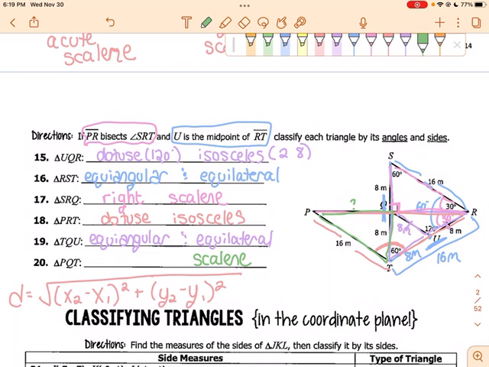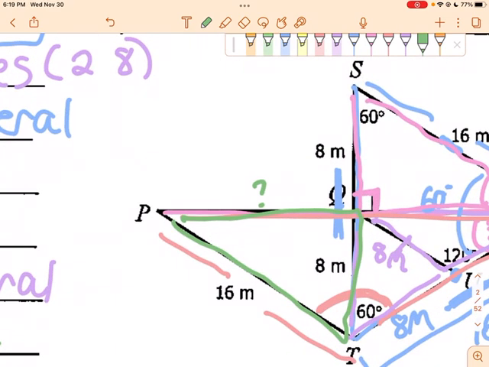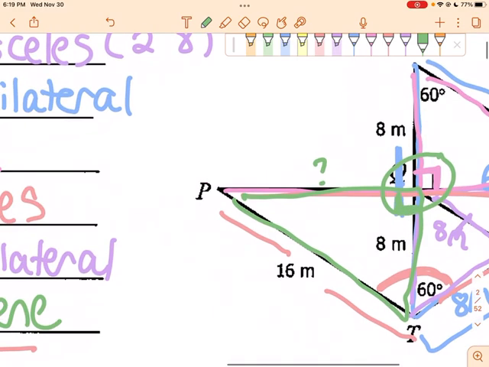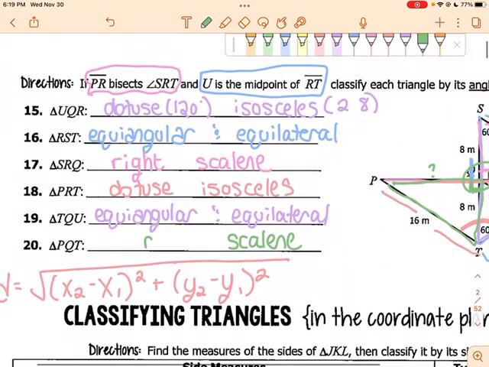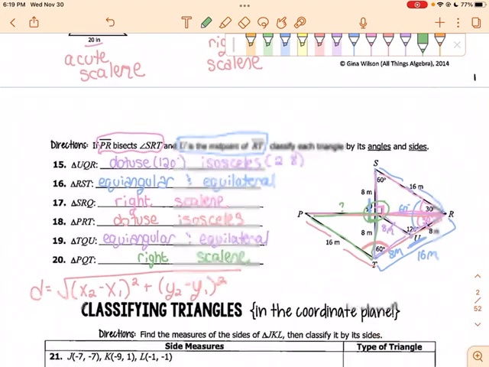We have an 8, a 16, an unknown, so it's definitely scalene. And we actually don't know, oh wait, we do know a little bit about the angles because we have vertical angles here in the middle, right? So if that side is 90, this side is also 90 because those are vertical. So this would be a right scalene.